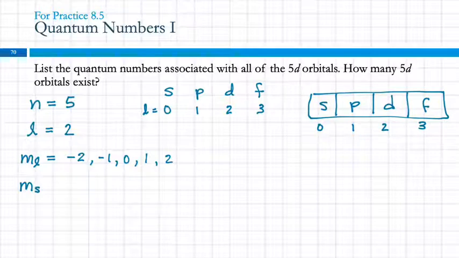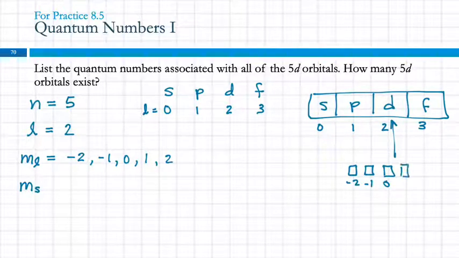And then in this room, so l equals 2, then we have a -2 orbital and a -1 orbital and a 0 orbital and a +1 orbital and a +2 orbital. And those are the beds in the room.